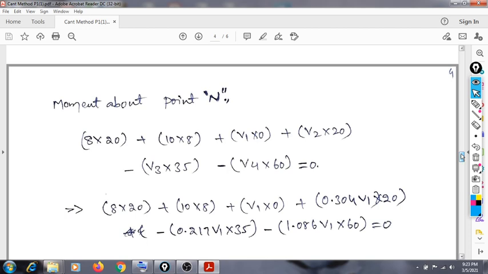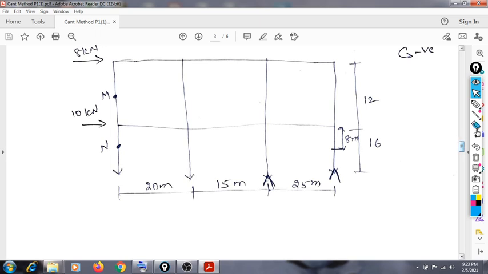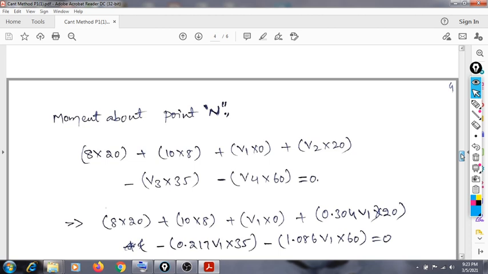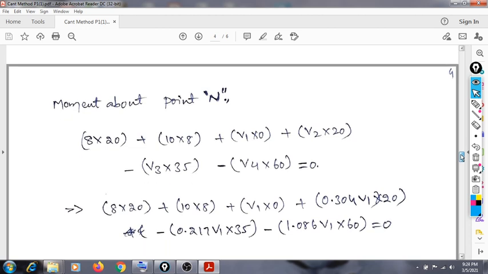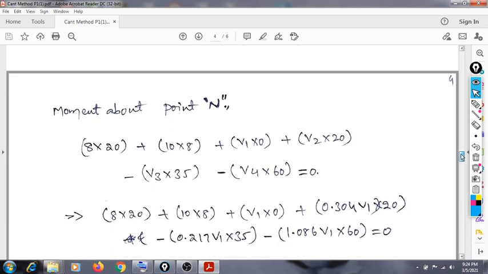So we are writing like this, 8 into 20. So first one is 8 into 20. Just now I have told, this is 8 into 20, 8, and the distance is 20 here. Similarly 10 into 8 and v1 into 20, like that. So you can see the bending moment equation, v2 into 20 and minus v3 into 35 and minus v4 into 16, that we are getting.